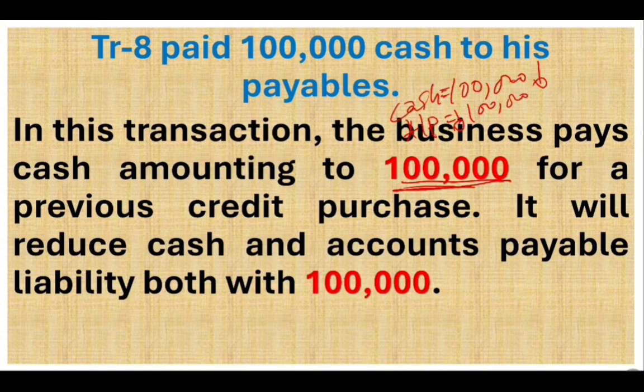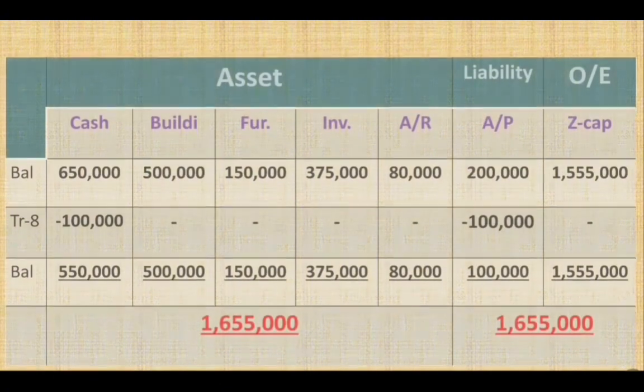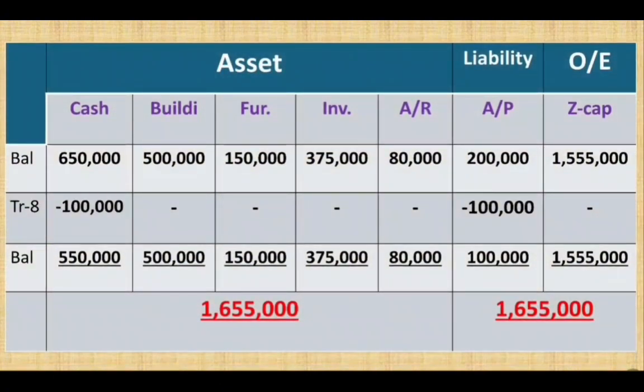In this transaction, the business pays cash amounting to 100,000 for a previous credit purchase. It reduces cash and the account payable liability, both by 100,000. So both account payable and cash will be reduced by the same amount, that is 100,000.